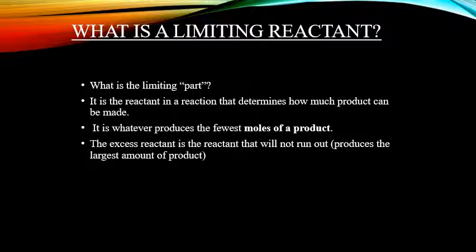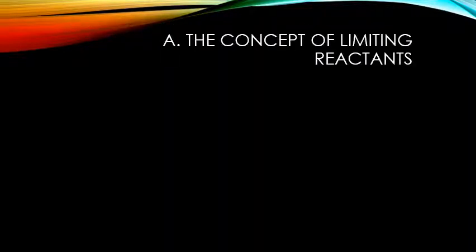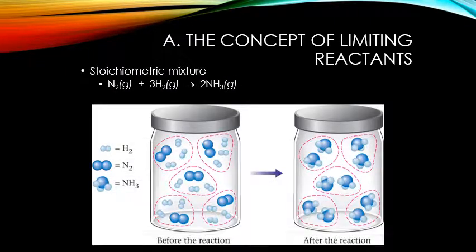So let's now look at a couple of example problems here to help you kind of figure out this concept. So we're going to use the reaction between nitrogen and hydrogen gas to form ammonia. And as you saw previously, we have N2 plus 3H2 forms 2NH3.